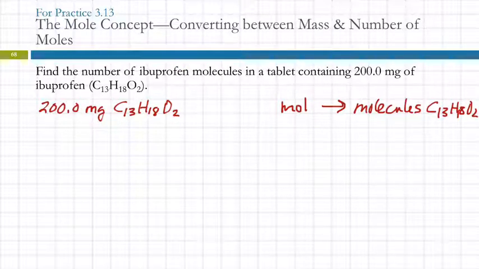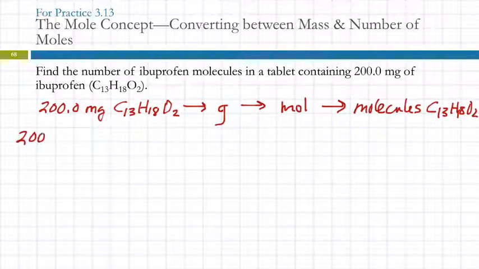No. But we can convert milligrams to grams, and then we can convert grams to moles. If you're having any trouble with problems like this, actually write the path out. It's very tempting to just jump to the equation, but if you don't have a clear picture of where you're going, you're going to get lost. Write out the path, and then it's easier.